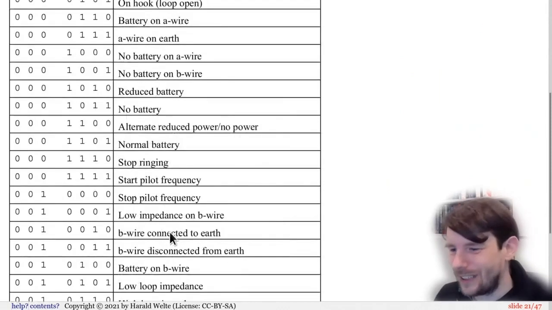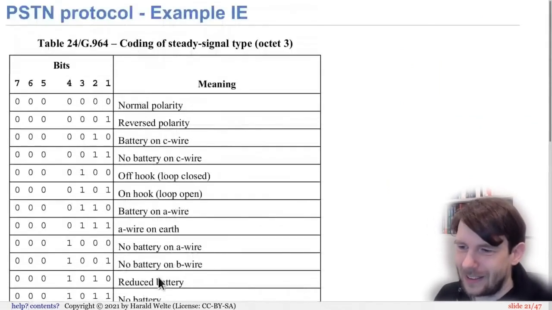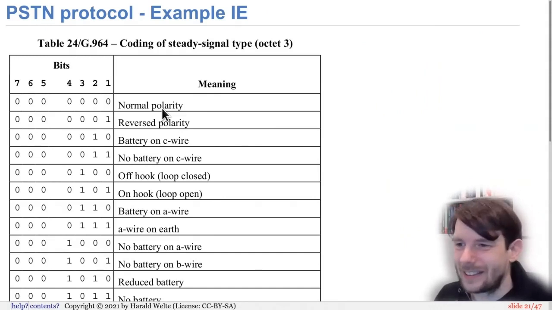So there's a lot of difference. This is only the steady state signals on the analog line. There's another such table for short signals, like a ringtone or something like that. Not sure, like an intermittent signal that you can also generate on the analog line.